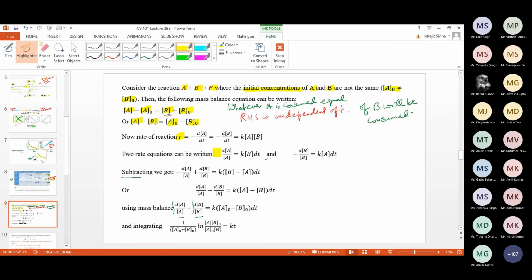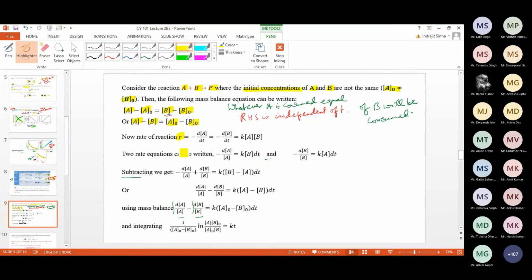A0 is the initial concentration of reactant A, and A is at time t, right? So whatever the difference between the two, that has been converted into product. Okay, I got that.